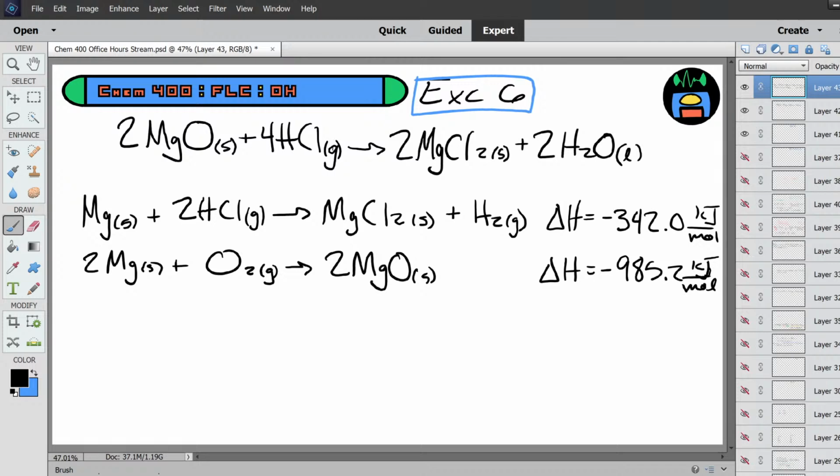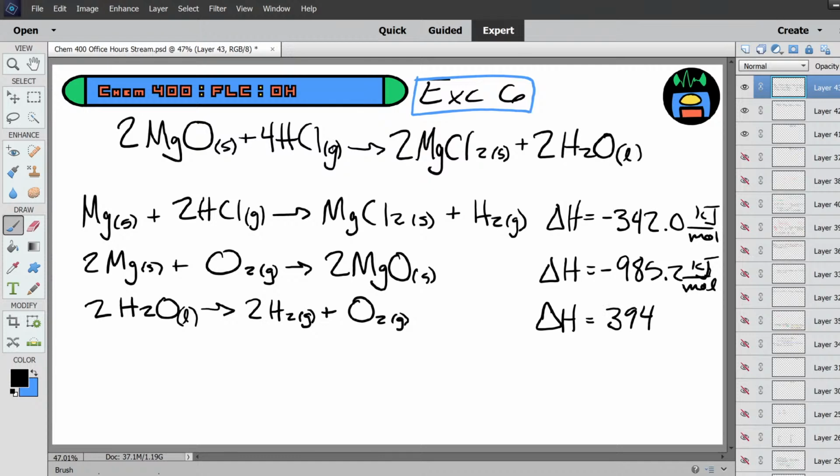Finally, we have 2 moles of liquid water producing 2 moles of hydrogen gas and 1 mole of oxygen gas. And this is a delta H of 394.6 kilojoules per mole.